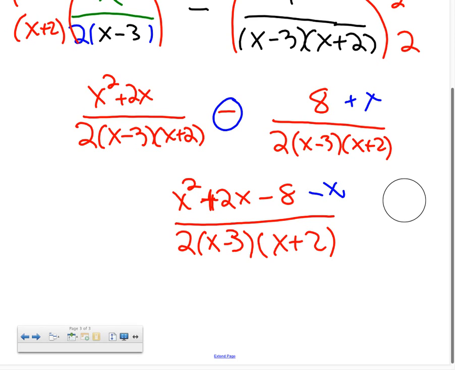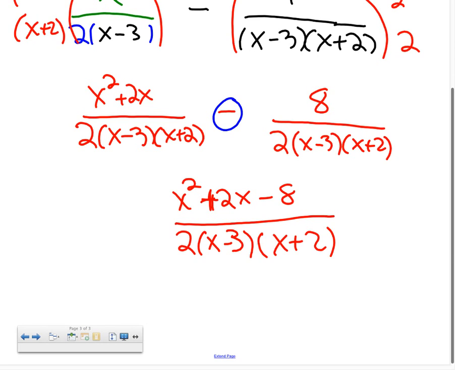Okay? But there is no x there, so I'm going to erase this because I think we have one more step left in this problem. What do we have right now on top? x squared plus 2x minus 8. And as I told you before, you want to check to see if you can factor the top. That way, if anything can cancel, you can cancel it. So I'm thinking two numbers that multiply to -8 and add to give me positive 2.